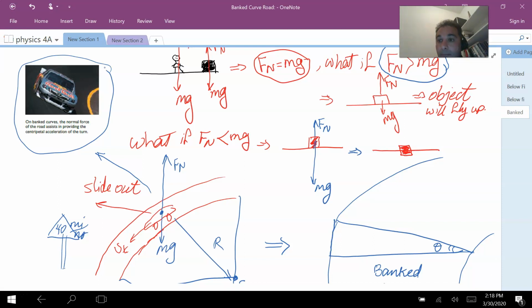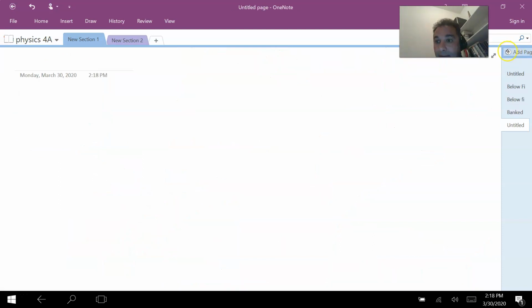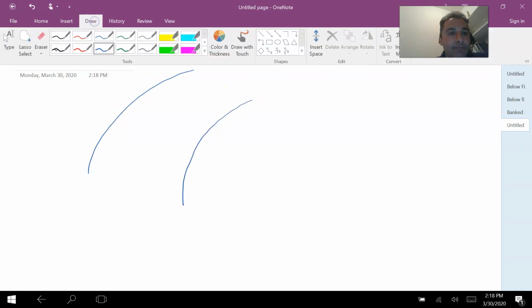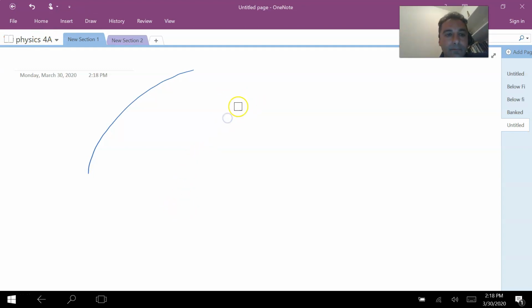Now I am going to add another page here. Watch, guys. So let's say here is the curve. Let me draw a triangle. Here is the theta.